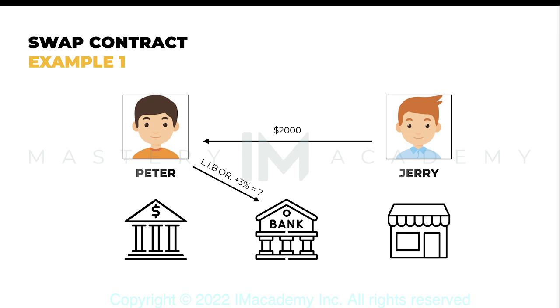But don't forget that Jerry, besides the predictability, if the LIBOR goes too high, and LIBOR plus 3% would be more than 2,000, then Jerry even saves money for himself, because otherwise he would be paying LIBOR plus 3, which for example could be 2,400, and now he's only paying 2,000 because he agreed to this with Peter. So they actually both get a good deal.